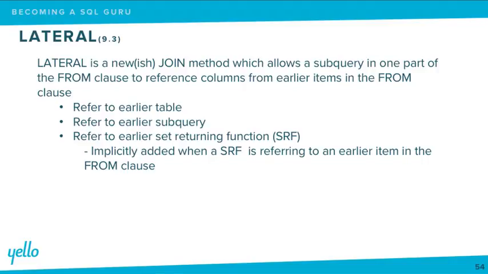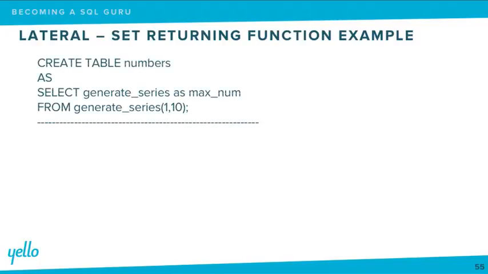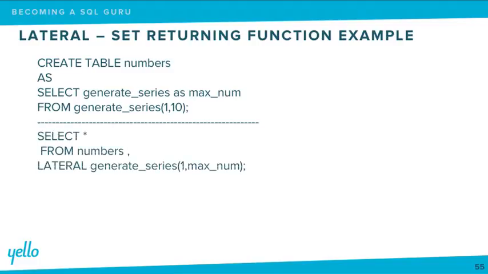So when it comes to set returning functions, it's automatically implicit, whereas for regular queries, it's not. So in this example, let's say I want to generate a series of numbers from 1 to 10, and then I want to use that table that has my list of 1 through 10 to generate another series from 1 to the maximum number of that row.